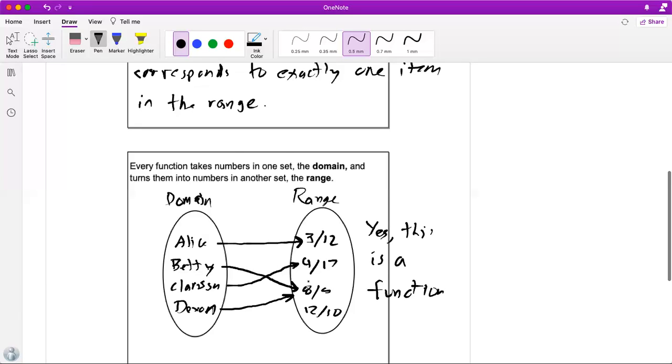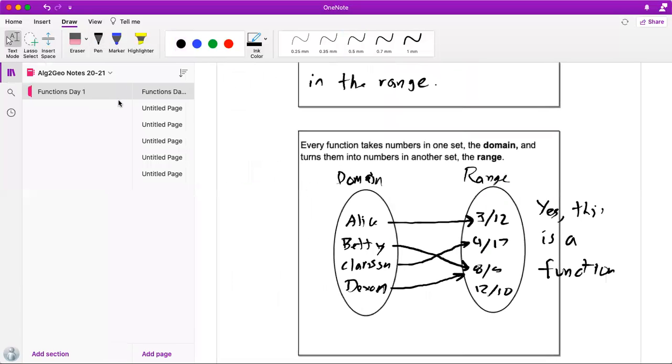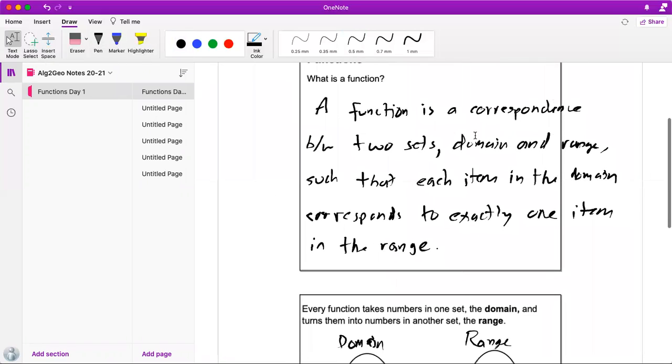If this was the case, technically, I feel like this wouldn't be in the range because nothing connects to it, but that doesn't really matter. The range can be all the numbers if you want it to be. We're not going to get too specific with that today. So that's the basic definition of a function. Correspondence between a domain and a range, and every item in the domain connects to exactly one item in the range, and no more than that. Okay, can't have two things.